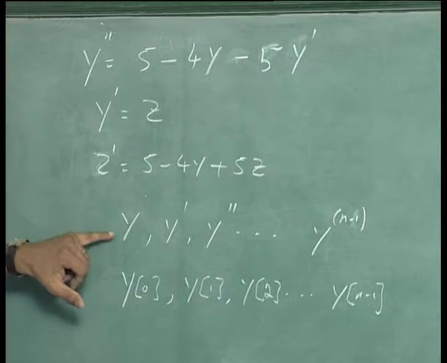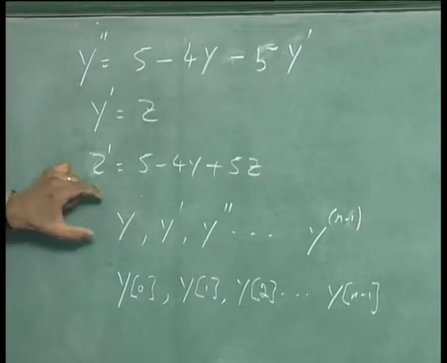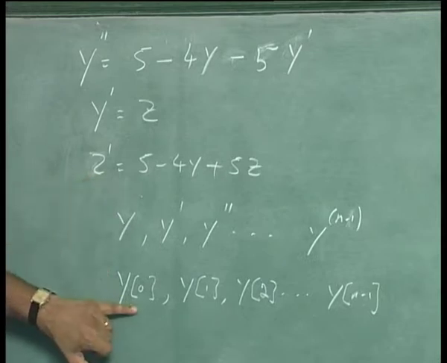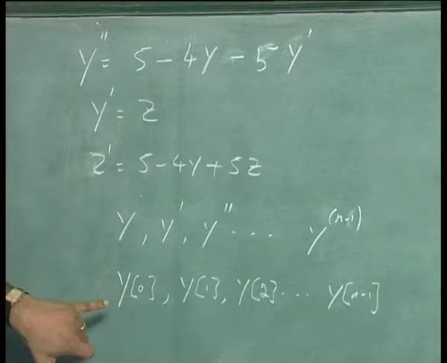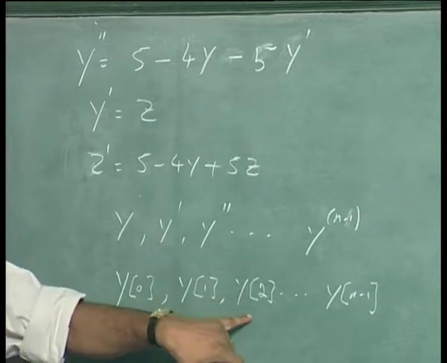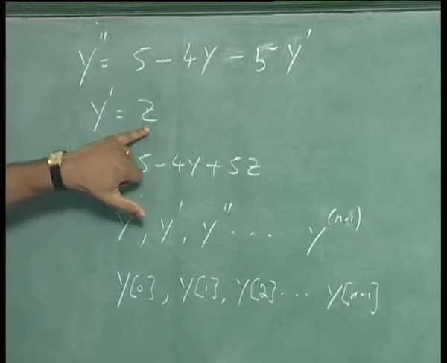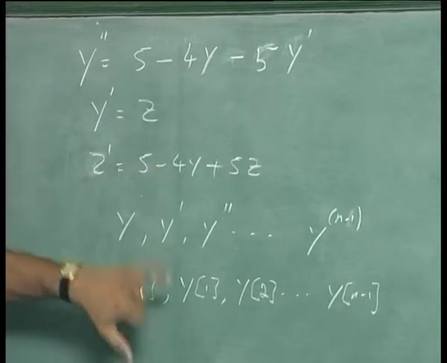So, remember when you have a higher order equation, I write each of those solutions as the elements of an array. So y0 is y, y1 is the first derivative, y2 is the second derivative, etc. In that language our equation transforms so that z is now y1.